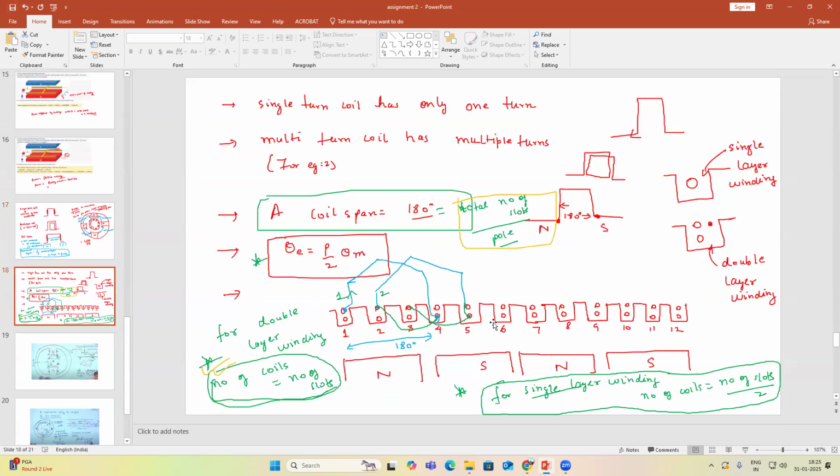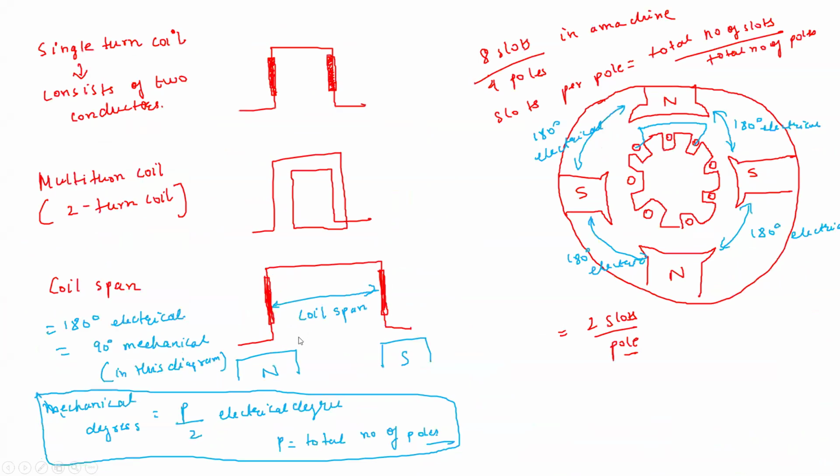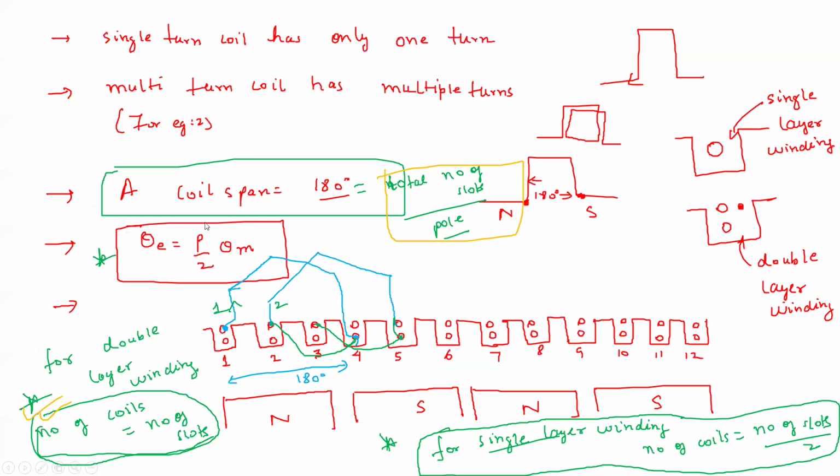So this is an example. As I said, a single turn coil has only one turn. A multi-turn coil has multiple turns, which we have seen, like a two-turn coil. The coil span is 180 degrees, and this is the relation between electrical degree and mechanical degree.